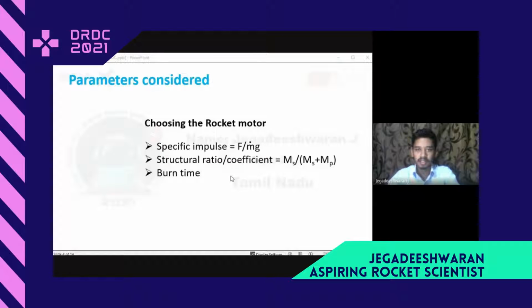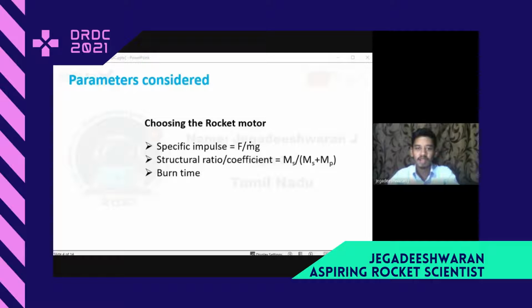So, the rocket motor was chosen based on these parameters. The first one is the specific impulse, which says for a given amount of propellant flow, how much thrust is produced, which is basically the efficiency of any rocket motor. The next one is the structural ratio or coefficient, which says how much non-propelling weight, that is the structural weight, is there in the motor.